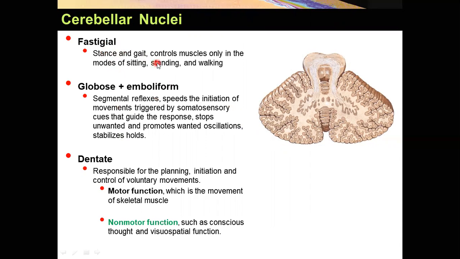controls the stance and gait, and also controls muscles in the modes of sitting, standing, and walking. Then the globose and emboliform nuclei together control the segmental reflexes, speed the initiation of movements triggered by somatosensory cues that guide the response, stop unwanted and promote wanted oscillations, and stabilize holds.